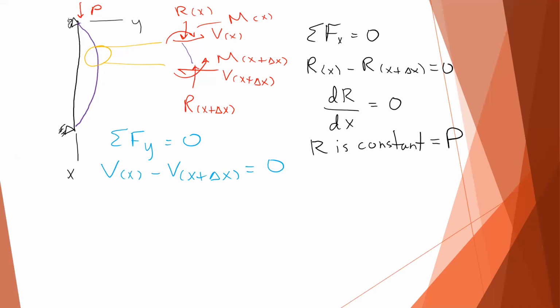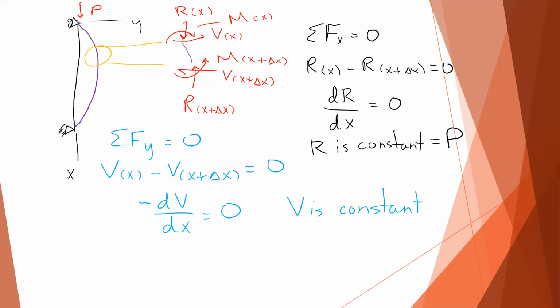Once again, if we make delta x small and take the limit as it approaches 0, we get negative dV/dx equals 0. So this tells us once again that V is constant. For a moment, I'm just going to leave it at that. We're not going to talk about what V is equal to, but we will come back to that shortly.